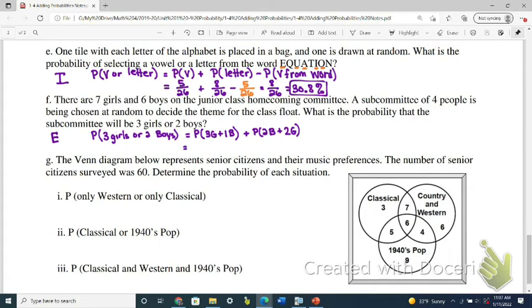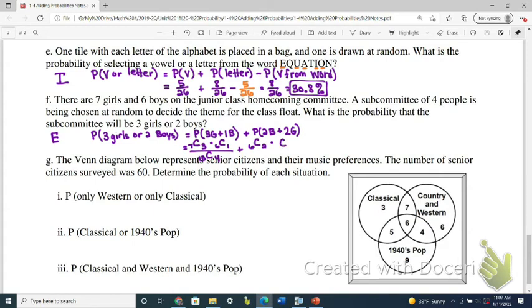So this becomes C. So I have 7 girls to choose from, and I'm choosing 1. Times I have 6 boys to choose from, I'm choosing 1. And that is all over 13 students choosing 4. Plus, I have 6 boys to choose from, I'm choosing 2.